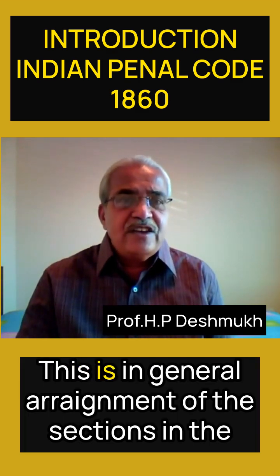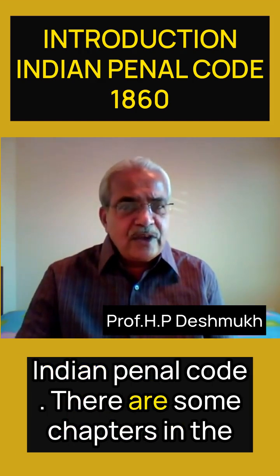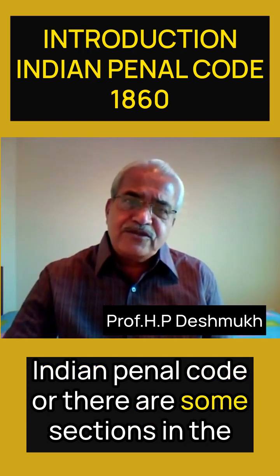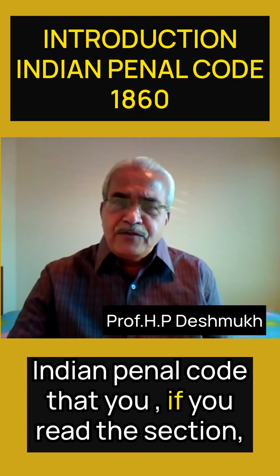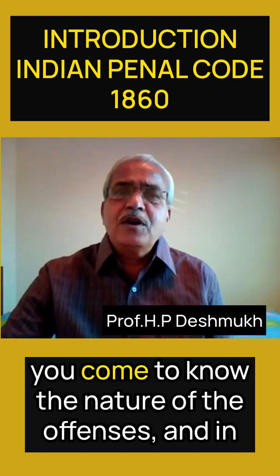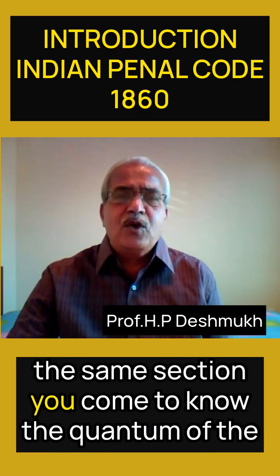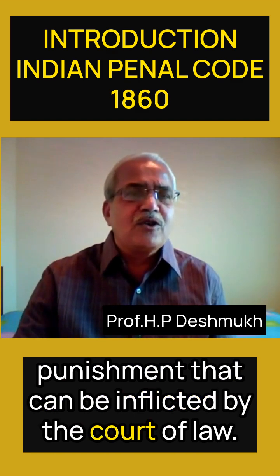This is in general the arrangement of the sections in the Indian Penal Code. There are some chapters, or some sections, in the Indian Penal Code where if you read the section, you come to know the nature of the offense, and in the same section you come to know the quantum of the punishment that can be inflicted by the court of law.